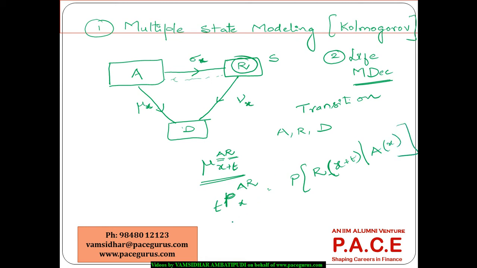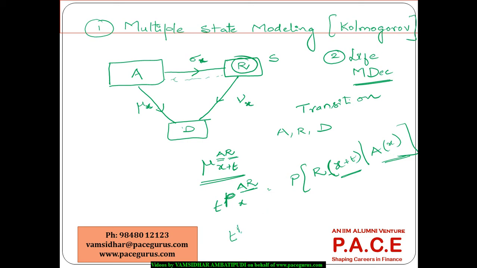So this is the meaning of t p x AR, and here A and R are different states. So it is the probability that a person is in state R at age x plus t, given that he is an active person at age x.